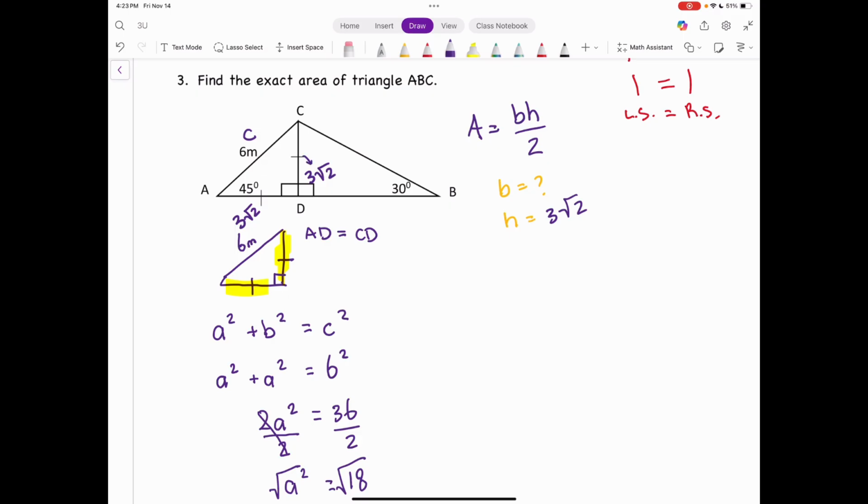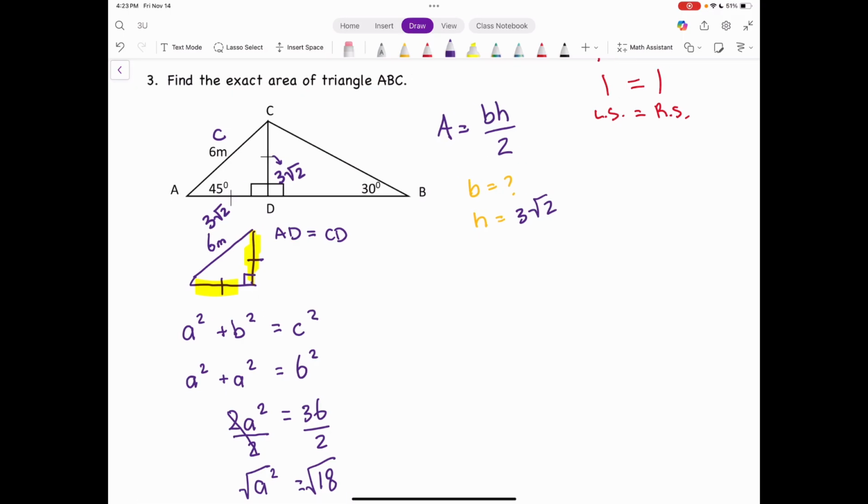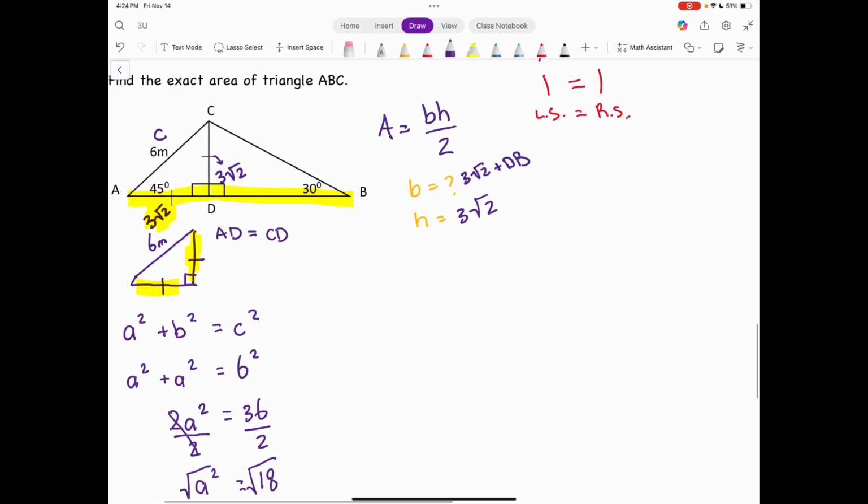Now that I have my height, I need to find my base. And we can see that my base is going to be 3 times the square root of 2, this value here, plus dB. But we need to figure out what dB is. So I want you guys to take a look at this triangle here now. I'll redraw it.